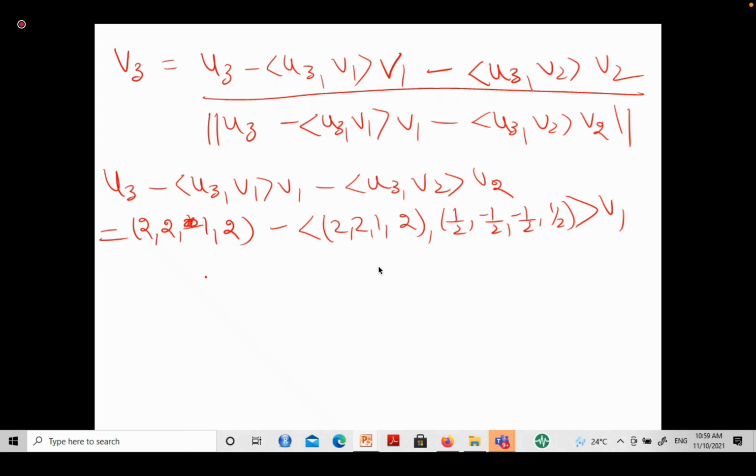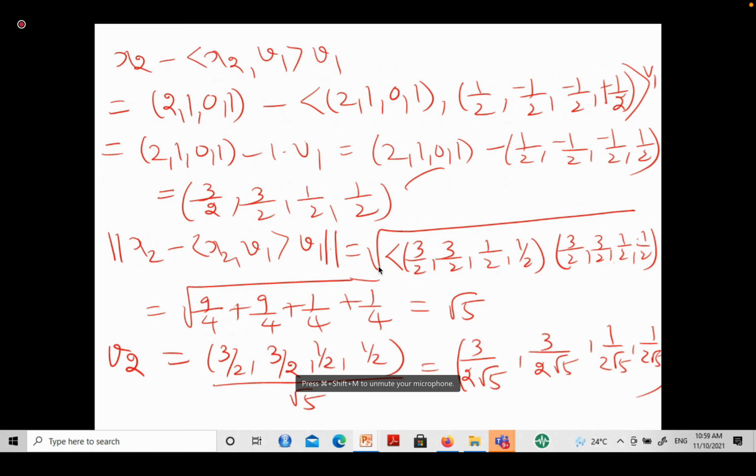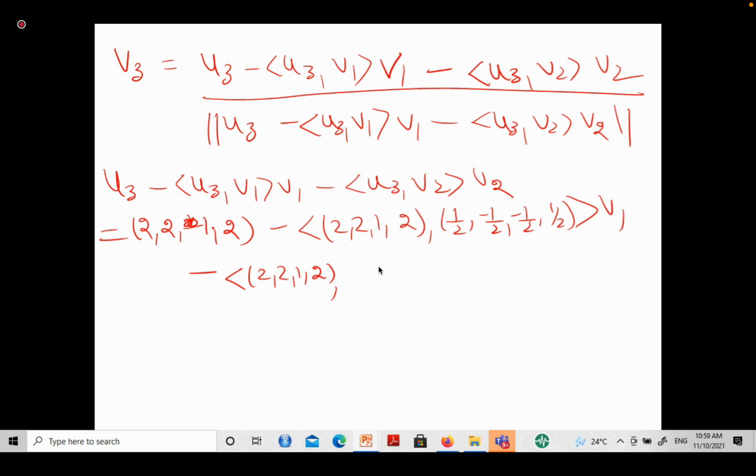This with V1 minus U3 again (2, 2, 1, 2) comma, what is V2? 3 by 2 root 5, 3 by 2 root 5, 1 by 2 root 5, 1 by 2 root 5, into V2.